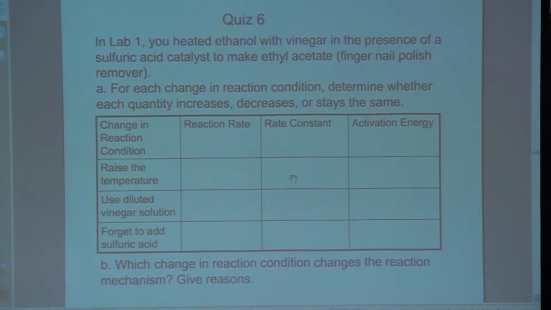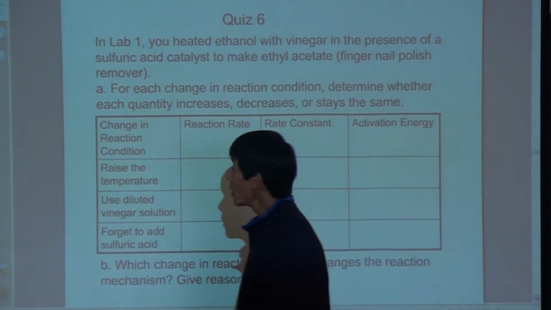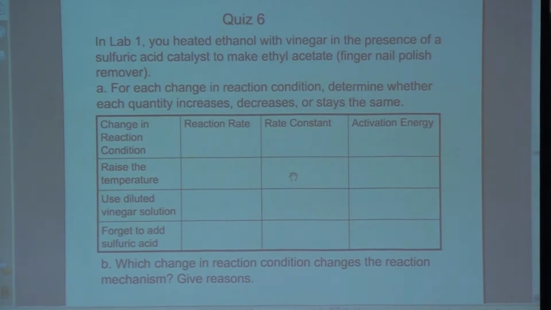Does it increase, decrease, or stay the same? So when you raise the temperature, the rate constant should increase. Okay, so let me write down these two formulas. For one, the rate is defined by the rate law.